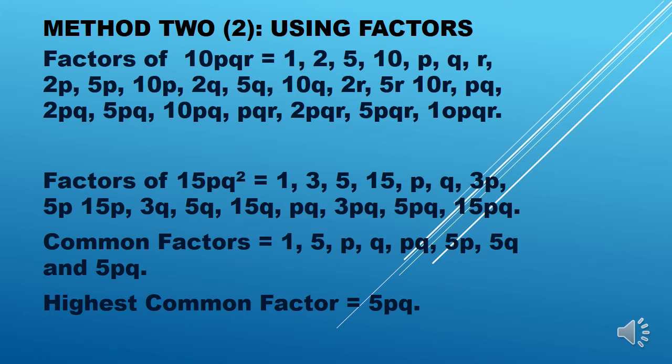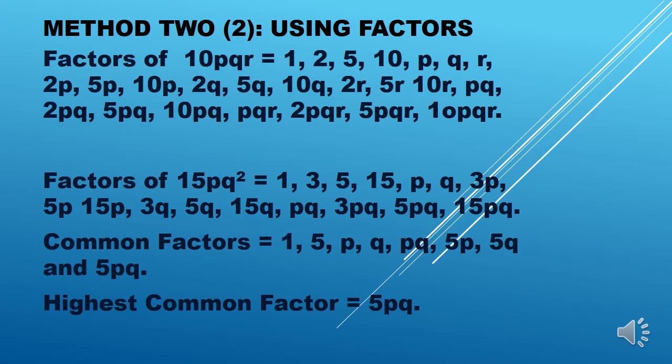Common factors. Factors that appear in both 10pqr and 15pq squared are 1, 5, p, q, pq, 5p, 5q, and 5pq. Now looking at the common factors, which of them is the highest factor?